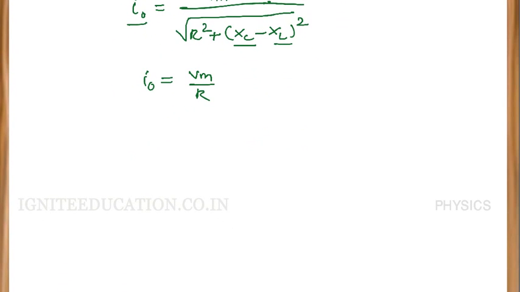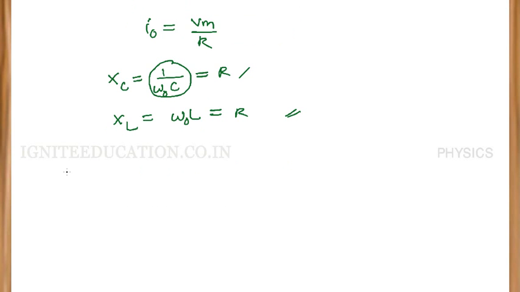Now one more condition they have given, that is XC, we already know, is 1 by omega naught C, which is equal to R, and XL is equal to omega naught L, which is equal to R. So these are the relations that we have got in the first condition. Moving to the second condition, for the current when the resonant frequency is doubled.